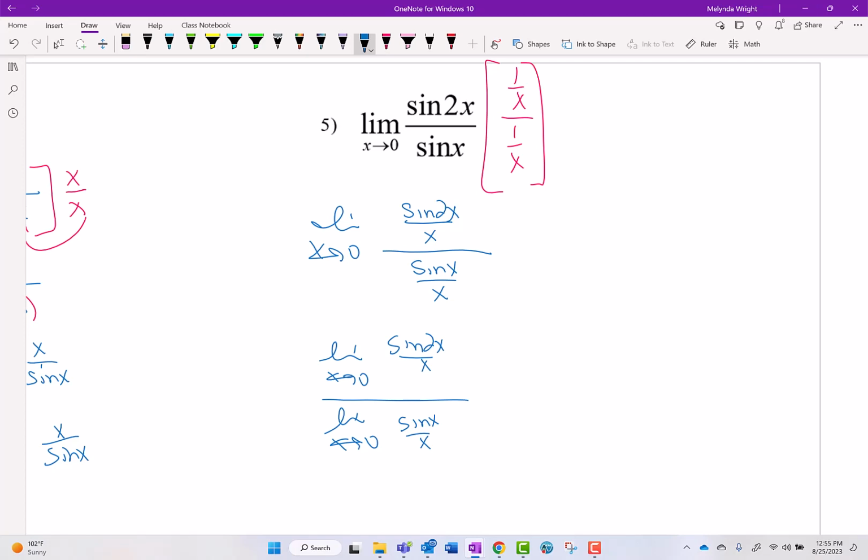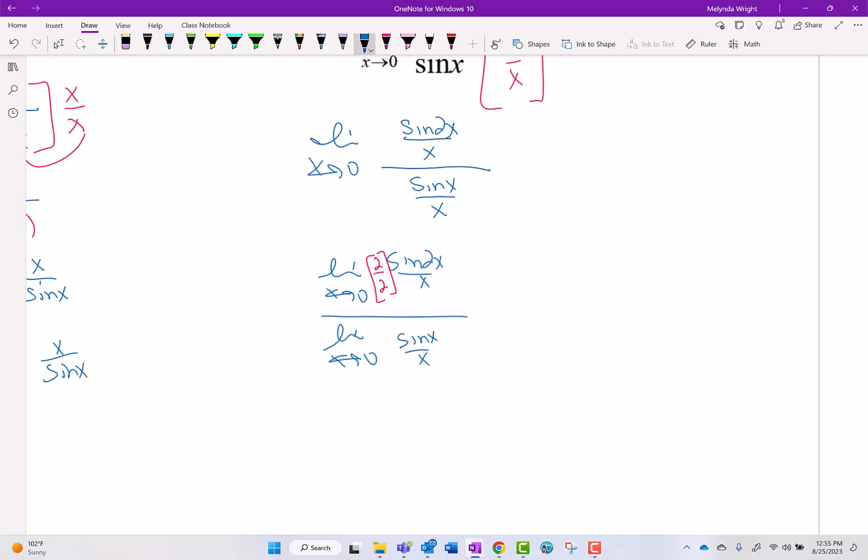What do I need? I need a 2 on the bottom, with this little denominator. And I can only multiply by the number 1, so I have to multiply by 2 over 2. That's all I'm allowed to do. So let's rewrite this. Again, we are working on using our special limits. So 2 sine 2x over 2x, over the limit as x goes to 0 of sine x over x.